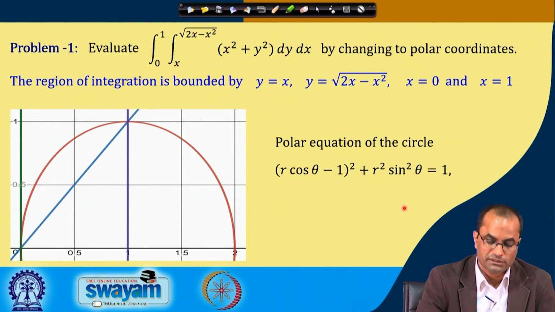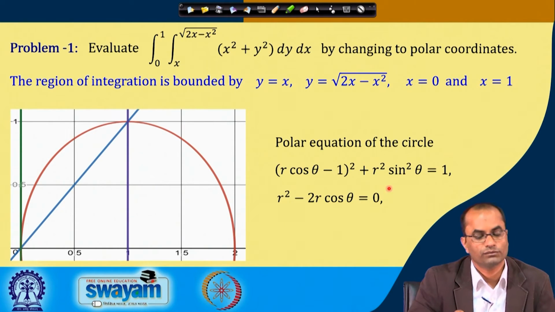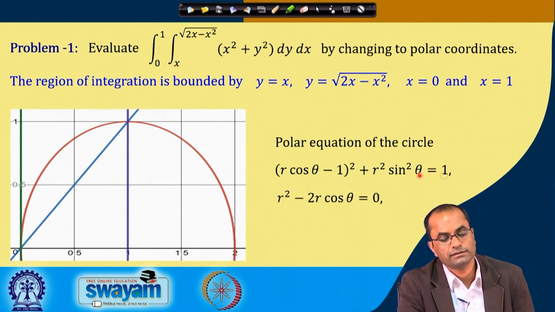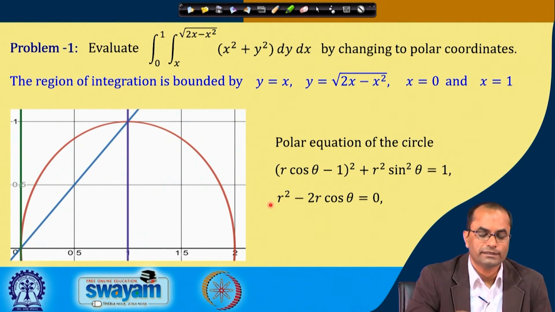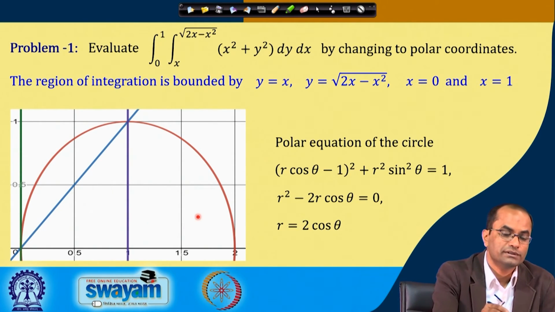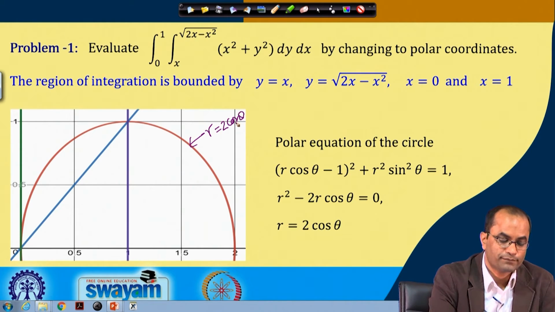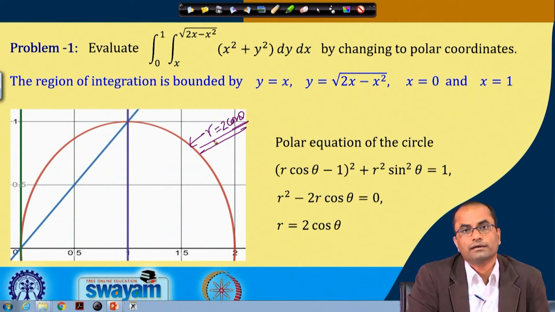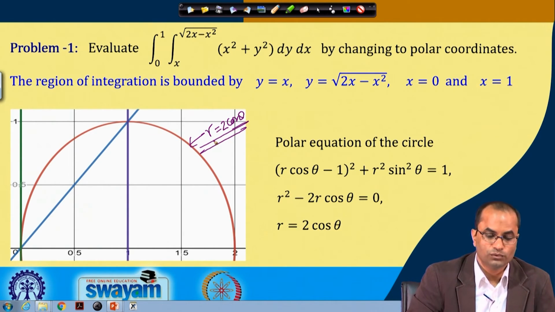From here if we simplify this, we will get r square minus 2 r cos theta is equal to 0, because this 1 will get cancelled, and r square sin square theta and r square cos square theta will give us this r square. So, from here we get r is equal to 2 cos theta. So, here this circle is r is equal to 2 cos theta. So, the limits of r are also clear now. r is going from 0 to 2 cos theta.